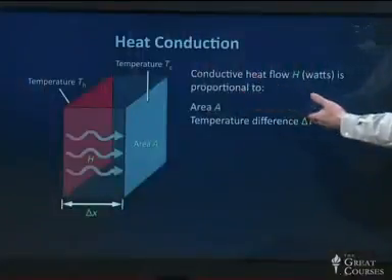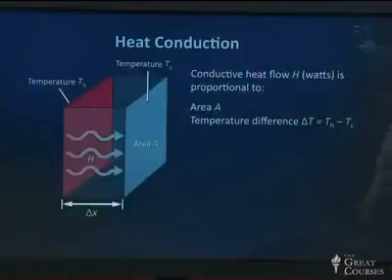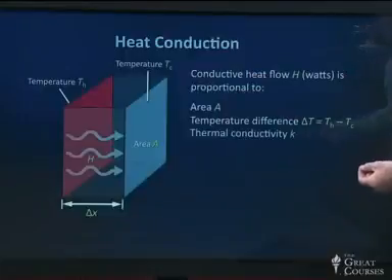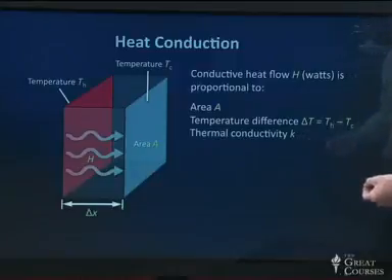But if one side is hotter than the other, then that energy transfer process that I described microscopically occurs, and a flow of heat, of energy, develops that is proportional to that temperature difference, delta T, T hot minus T cold. There's also a property of the material that helps determine how much heat flows through it, and that property is called the thermal conductivity. It's given the symbol K.